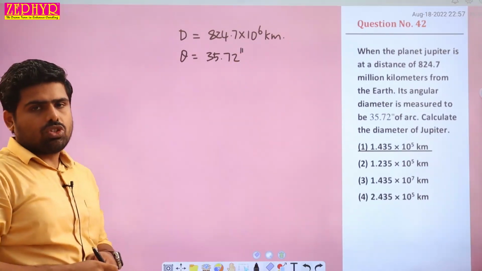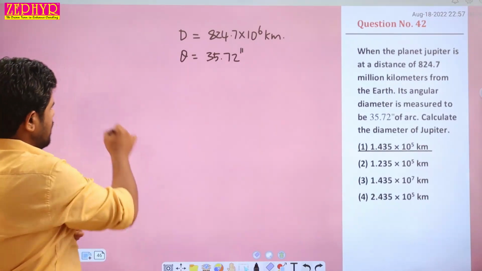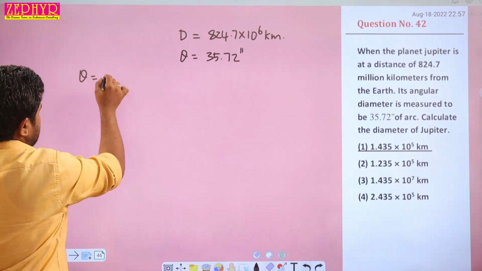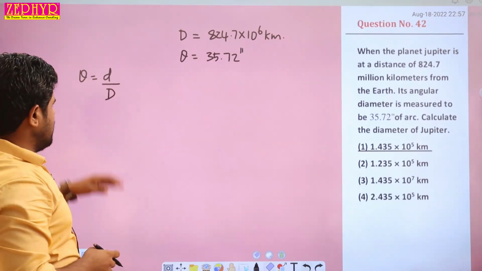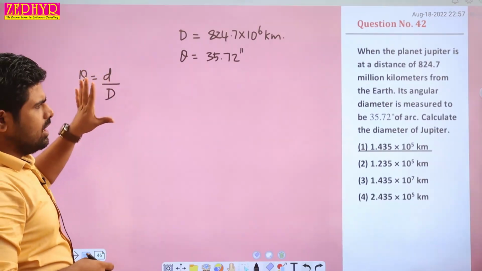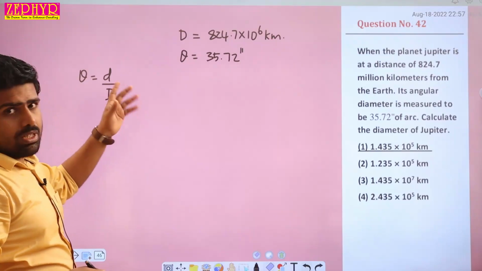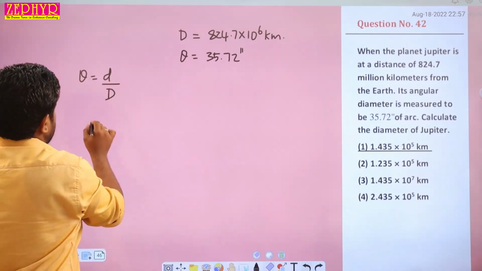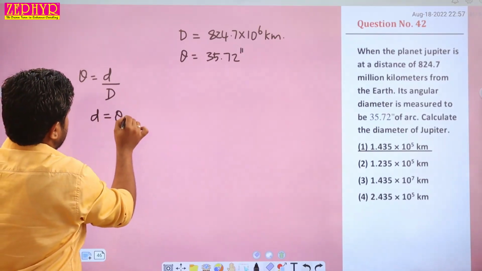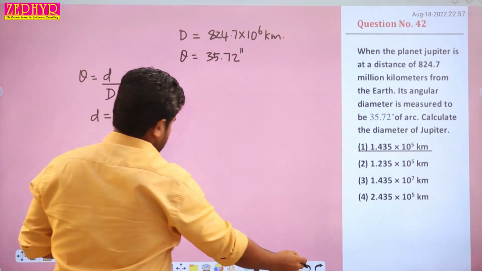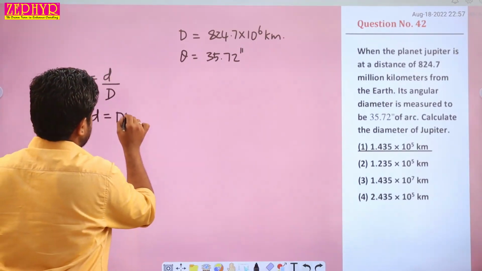Calculate the diameter of Jupiter. Actually here we use the equation theta is equal to d divided by D. See, this equation is derived by using the parallax method. So now d, the diameter, is equal to D into theta.